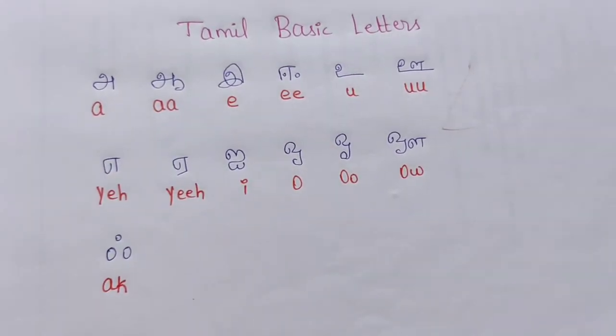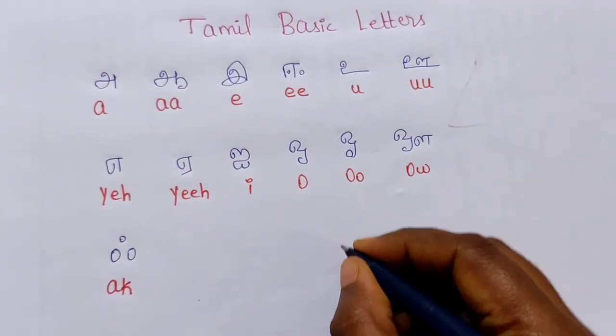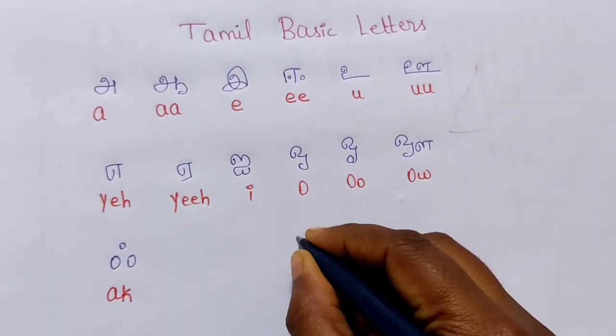Here we have two types. One is Kuril letters and then Nedil letters.